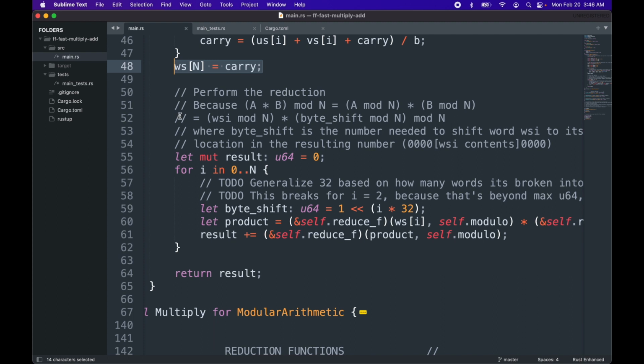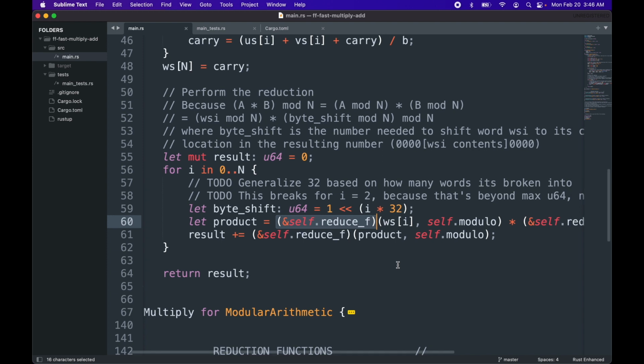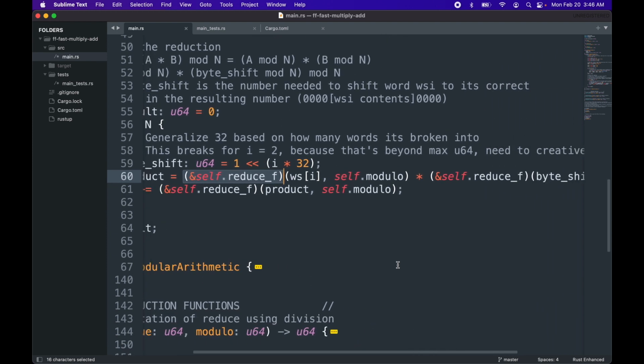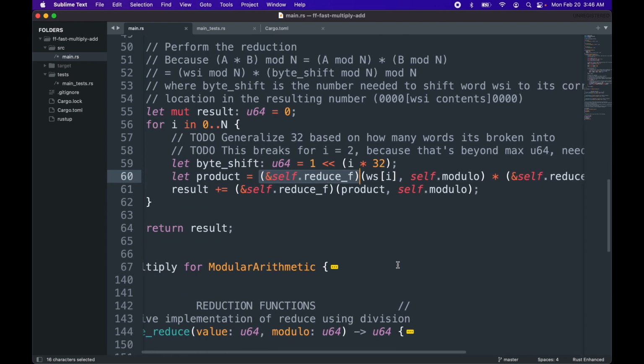And then reduction happens in this step. And based on what reduction function we've passed in, we are going to get something different. What we have to do is take advantage of AB mod n being equal to this.